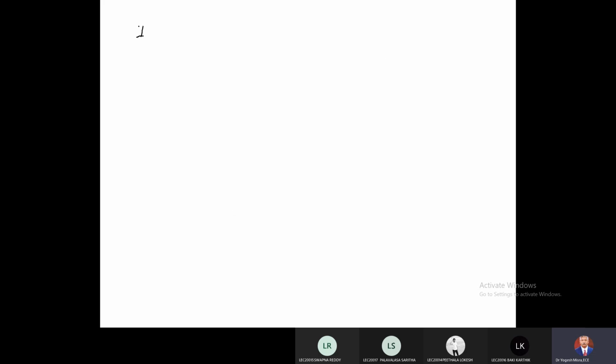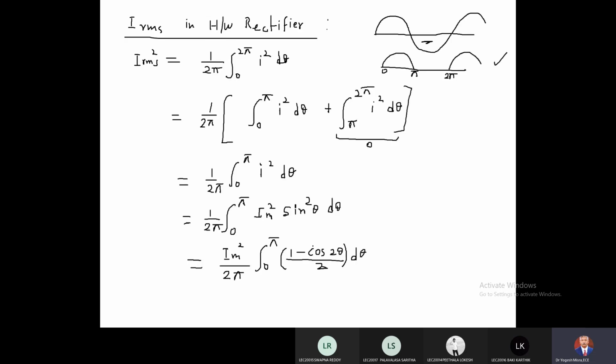So we will get I_RMS squared is equal to Im squared by 4π, integral from 0 to 2π of (1 − cos 2θ) dθ. You can see here this 2 I have taken out, right?